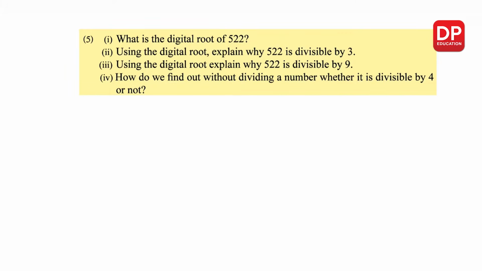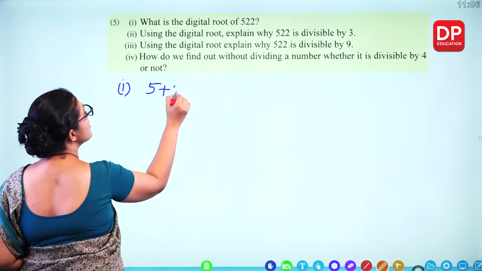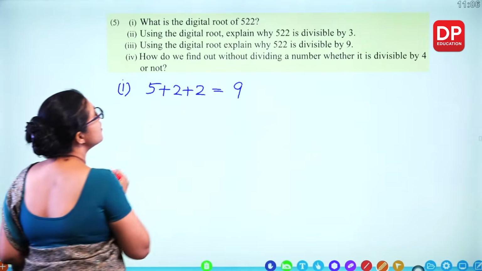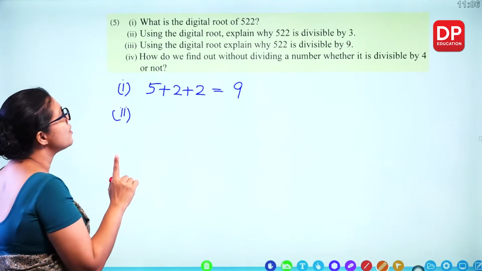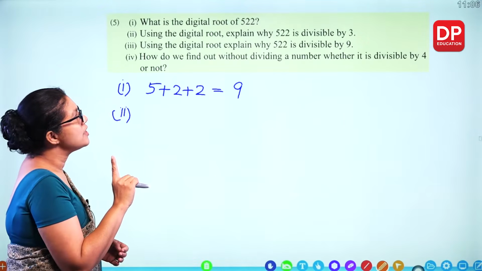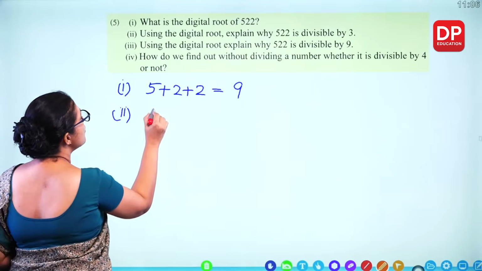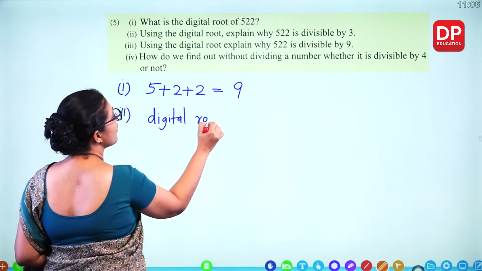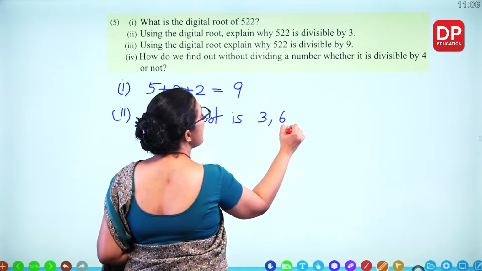What is the digital root of 522? How do we find out the digital root? You add the digits. 5 plus 2 plus 2, 9. So digital root is 9. Using the digital root, explain why 522 is divisible by 3. The digital root is either 3, 6, 9.